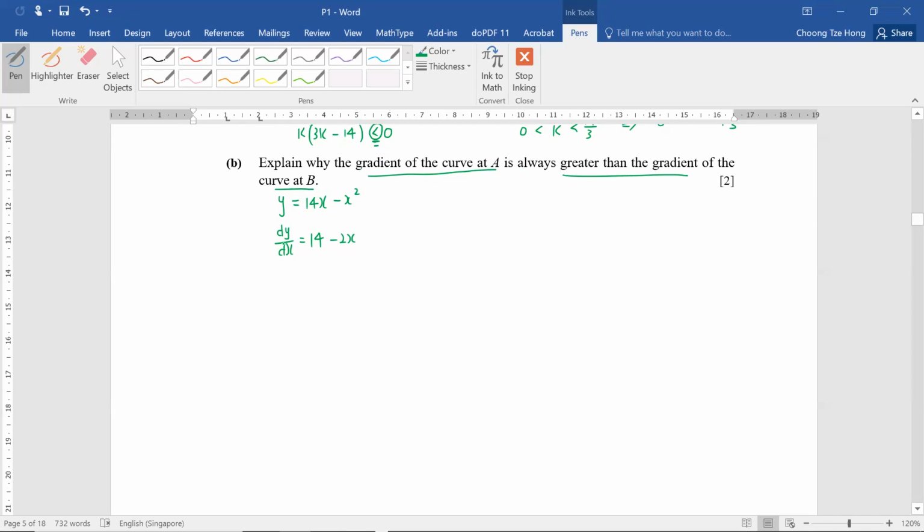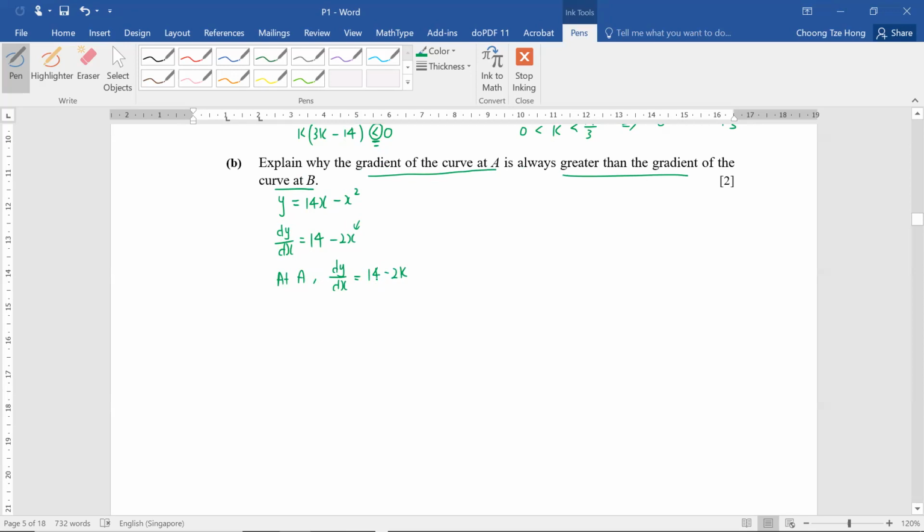So let's find the gradient of the curve at A. At A, the x coordinate is k, so we will sub the x with k. So dy/dx is 14 minus 2k.